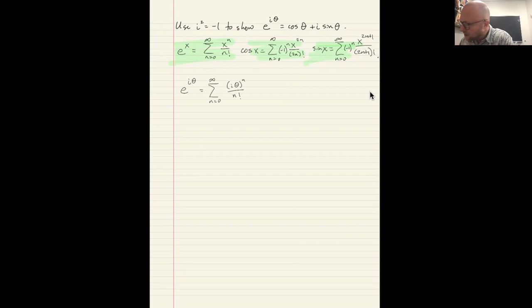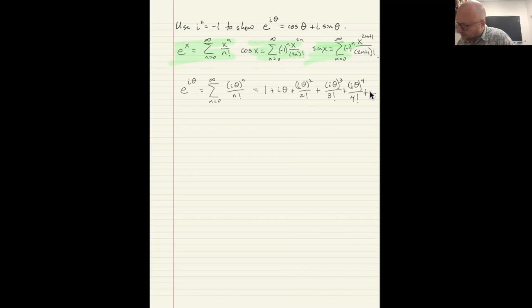It's probably going to be more helpful if we break it out and write a few terms of it. So we will have, let's see, plus i theta quantity squared over 2 factorial plus i theta quantity cubed over 3 factorial plus i theta quantity to the 4th over 4 factorial. And as you can see, I'm running out of room there.